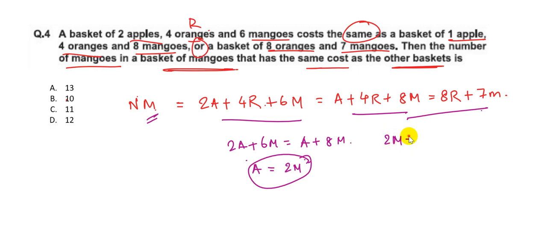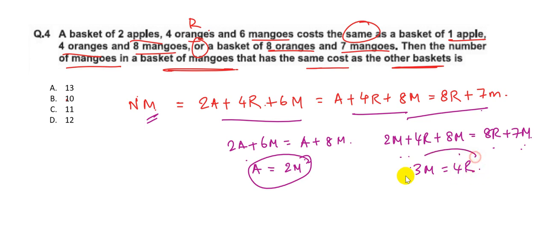So 2m plus 4r plus 8m equals 8r plus 7m. So which means 2m plus 8m is 10m. So 10m plus 4r equals 8r plus 7m. So 10m minus 7m, that's 3m, equals 4r.